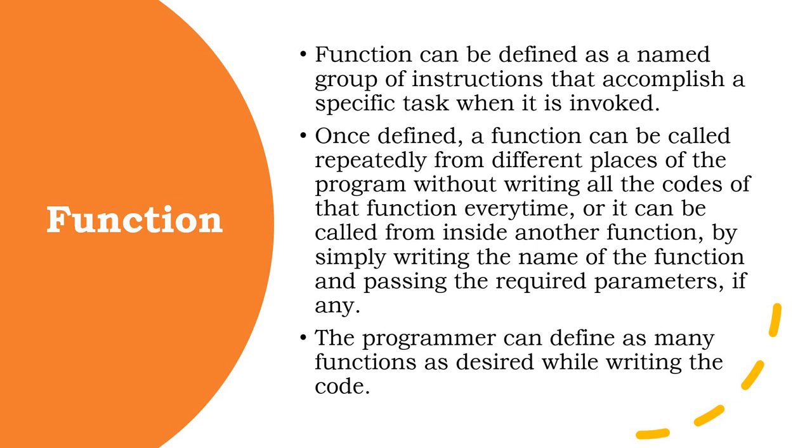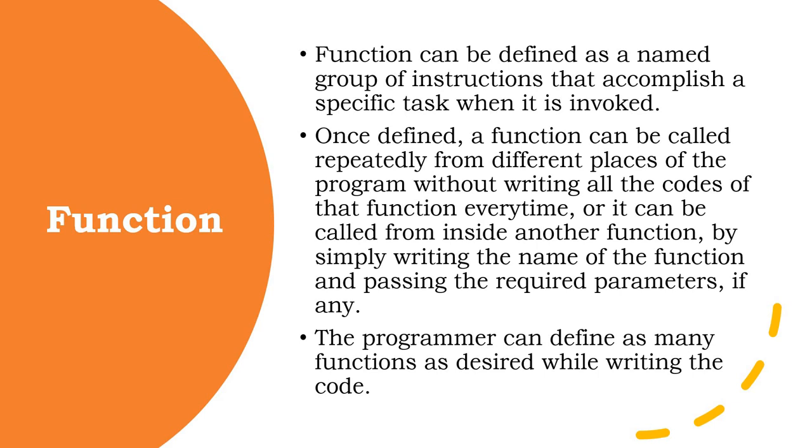Once defined, a function can be called repeatedly from different places of the program without writing all the code of that function every time. In simple words, it provides the facility of reusability. Reusability of code means you write code once and use that code more than once. Whenever you need to execute it, you simply call that function.